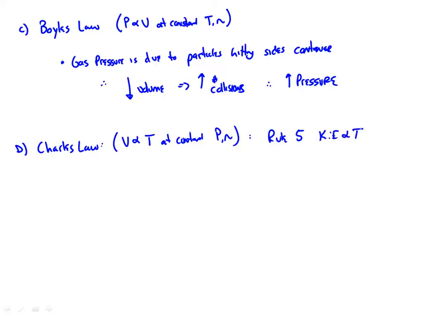So if I increase the temperature, that's the same thing as saying I increase the kinetic energy via Rule 5. That means I'm going to increase the number of collisions because I have more kinetic energy, and I increase the force of the collisions.